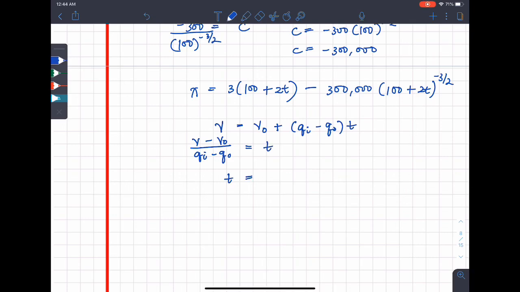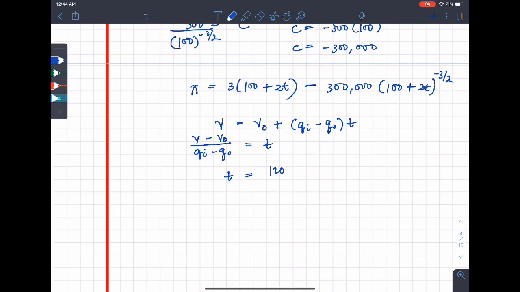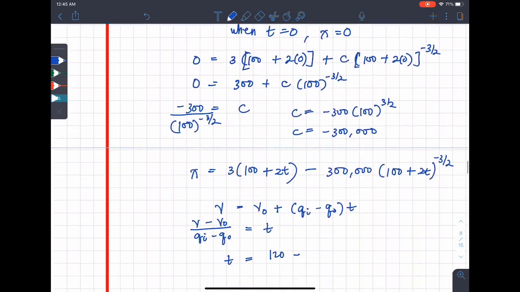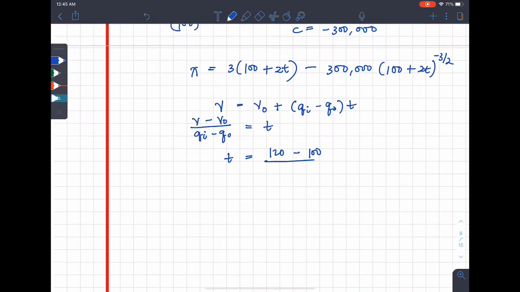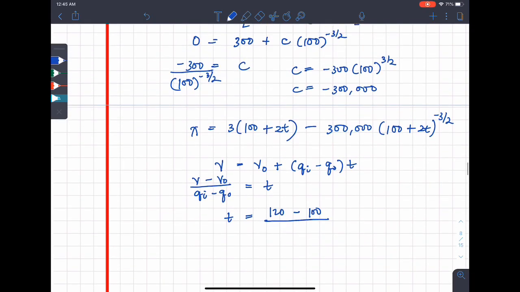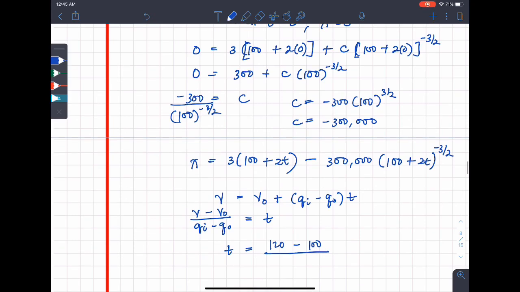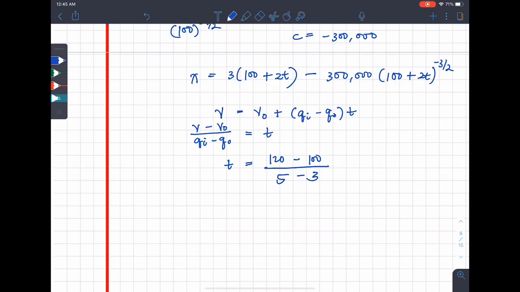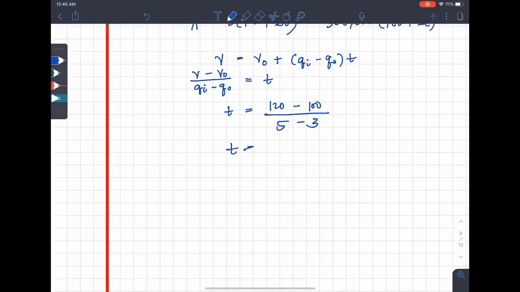The overflow happens when V is equal to the maximum capacity, 120, minus the initial volume of 100 gallons, over the flow rate, Qi which is 5 minus 3 for Q out. So t would be 20 divided by 2, so that would be 10 minutes.